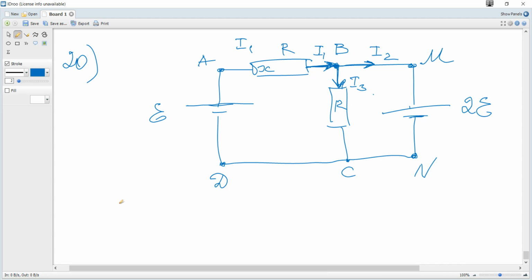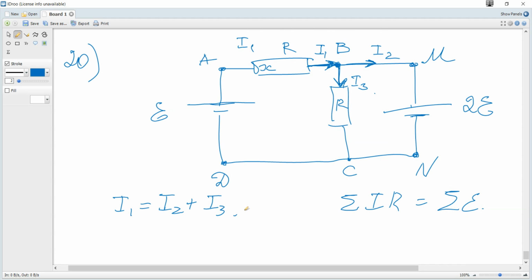And we know the total current in is equal to the total current out. And the second rule says that the sum of current times resistance is equal to the sum of EMFs.